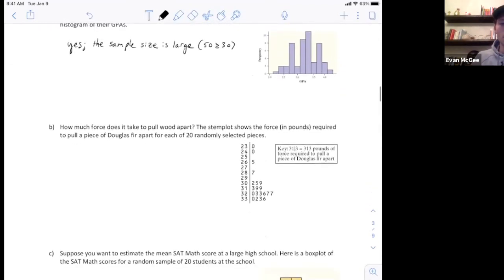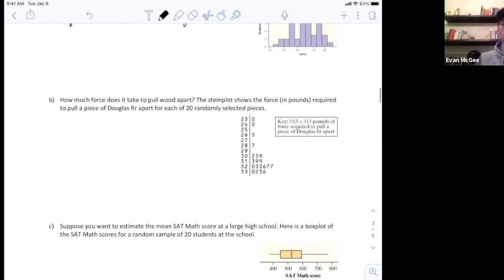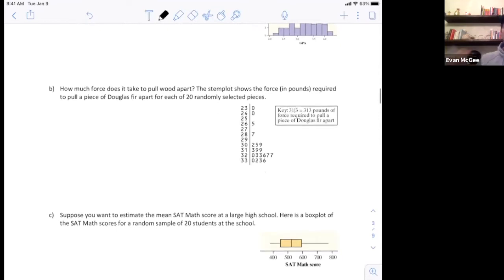Next problem: how much force does it take to pull wood apart? The stem plot shows the force in pounds required to pull a piece of Douglas fir apart for each of 20 randomly selected pieces. First, is our sample size greater than 30? No, we only have 20 pieces of wood. Then next we have to ask, do we know if the population is normal?